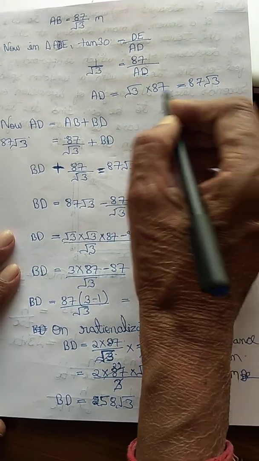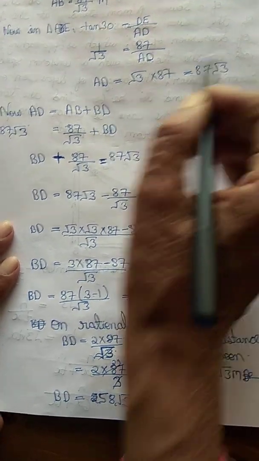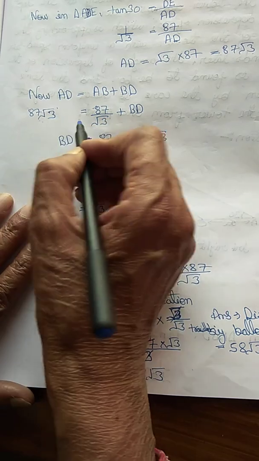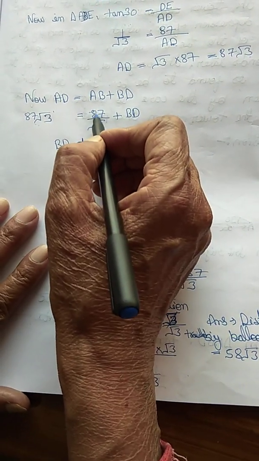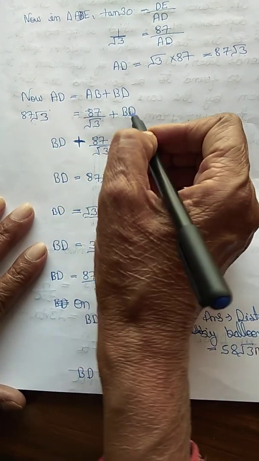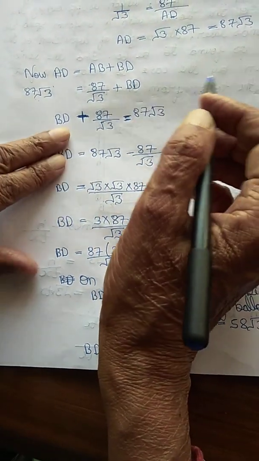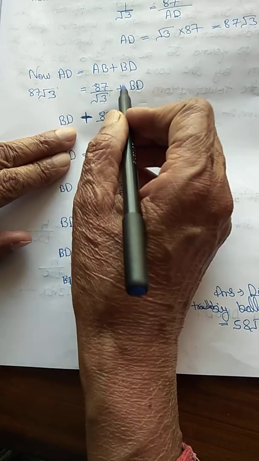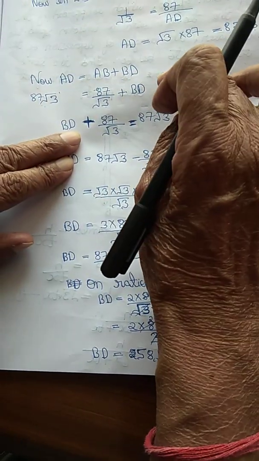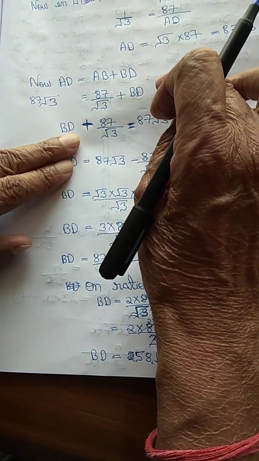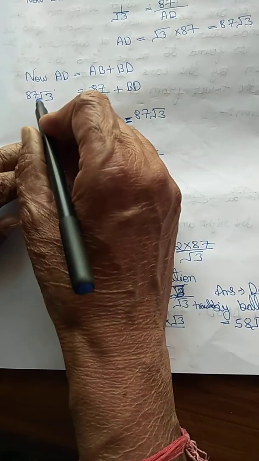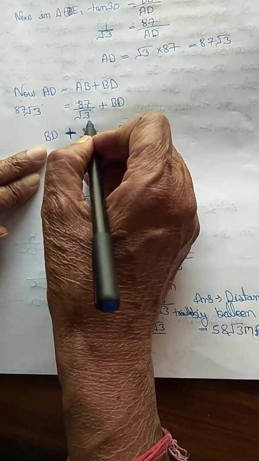Here from this equation we have AD is equal to 87 into root 3, AB is 87 by root 3. BD you have to find out. So BD minus 87 by root 3 is equal to 87 by root 3.